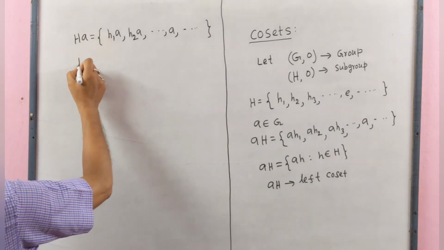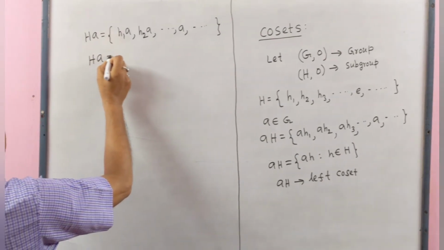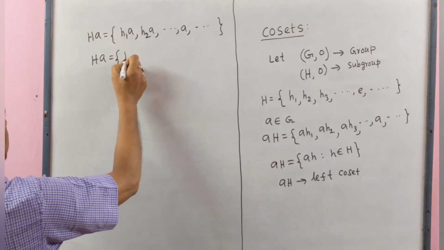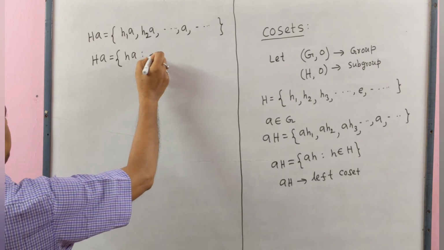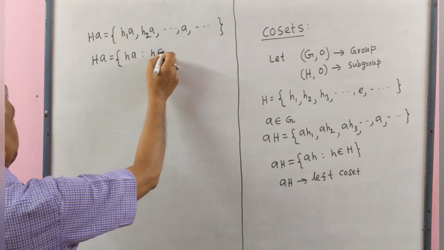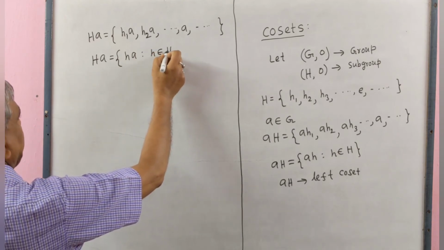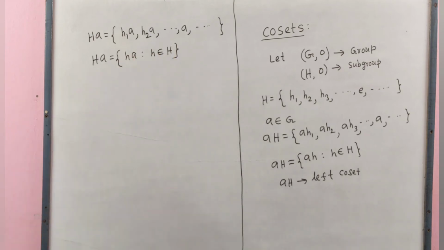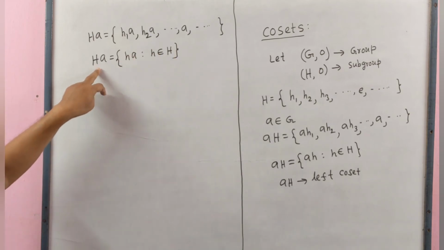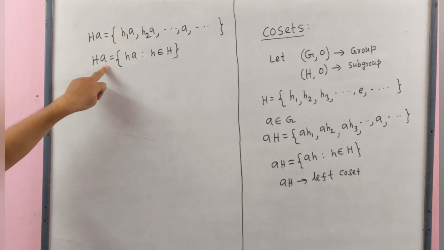Here we may write HA equal to {ha such that small h belongs to capital H}, subgroup. Then this HA is called a right coset.